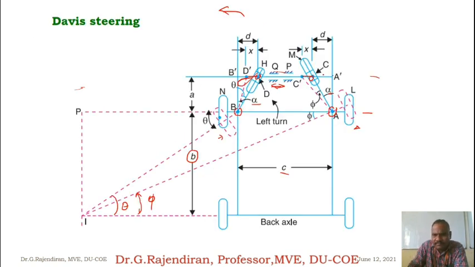So what is this one? A dash C. Tan of alpha plus phi is equal to what?